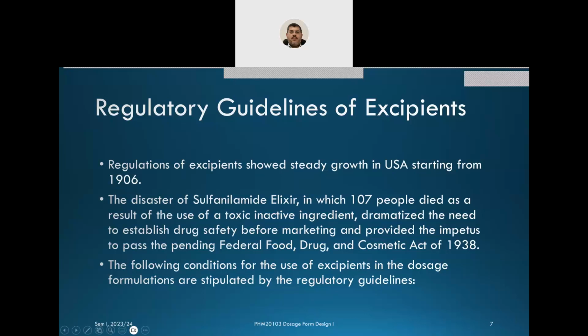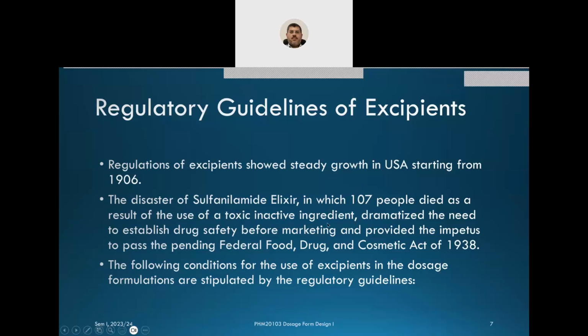The incident that provoked the growth of these regulations is a disaster that happened with sulfanilamide elixir. It used diethylene glycol as a solvent, and this one is a toxic solvent. It caused death of about 107 people as a result of the use of this toxic inactive ingredient or toxic solvent, diethylene glycol.